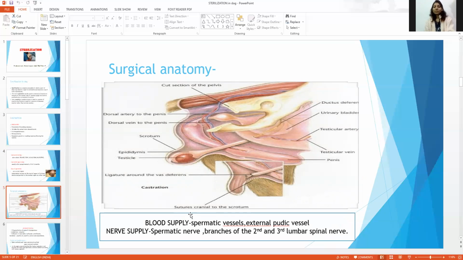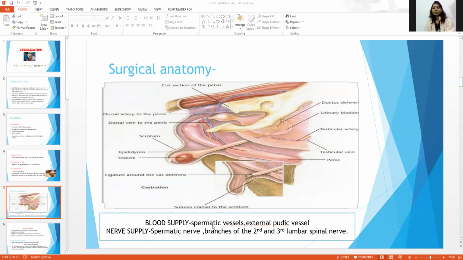The most important anatomical structures are the spermatic vessels and external pudendal vessels, and the nerve supply in these conditions is the spermatic nerve and branches of the second and third lumbar spinal nerves. These are the important nerves and blood supply which you have to remember.